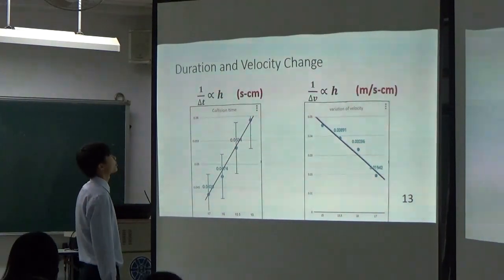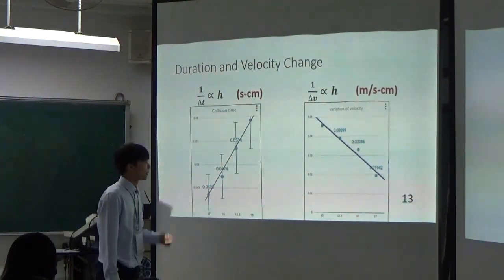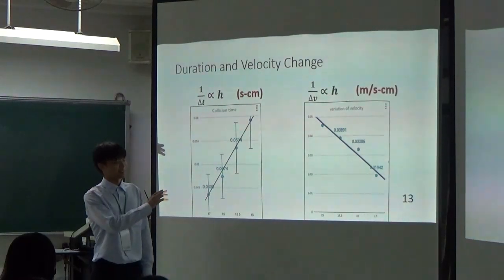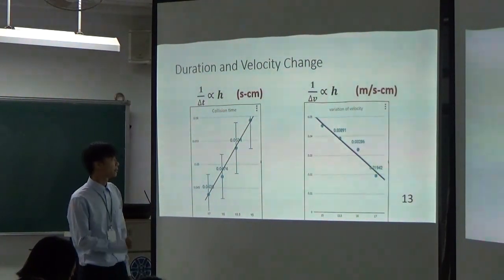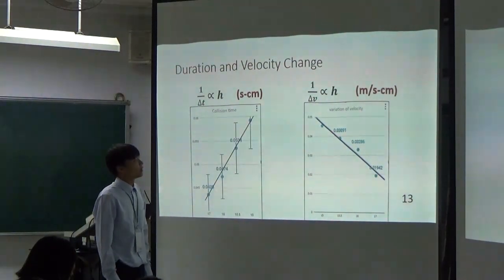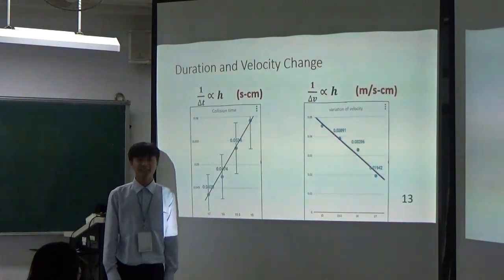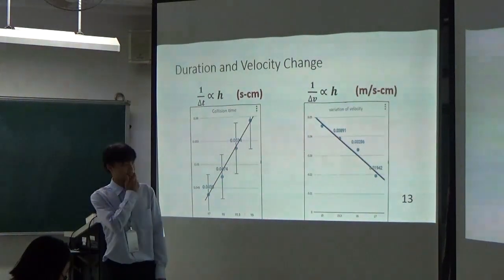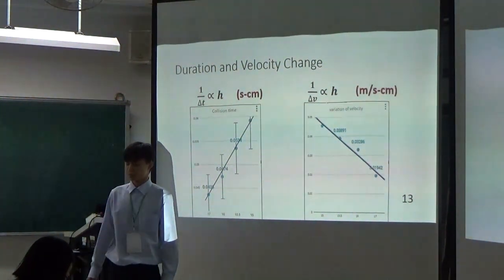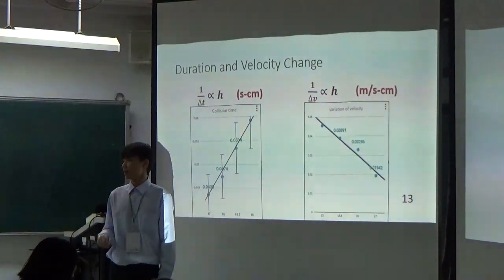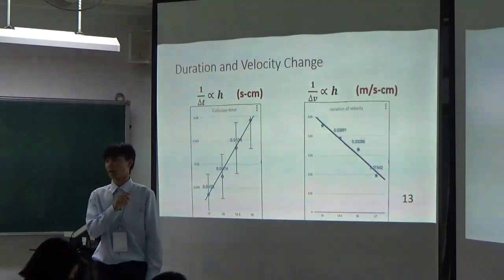And these are duration and velocity change. They all decrease if we release the ball from a higher height. Actually, I think it is surprising that the velocity change decreases if we release the ball from a higher height.